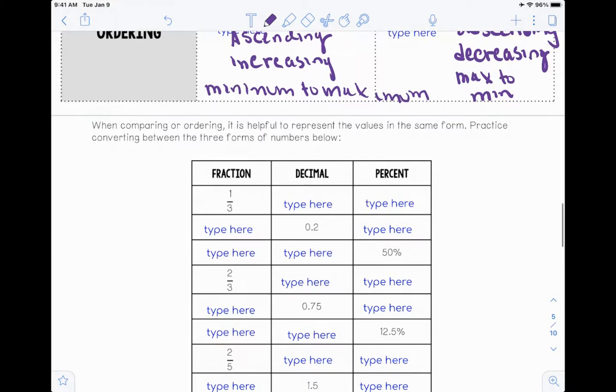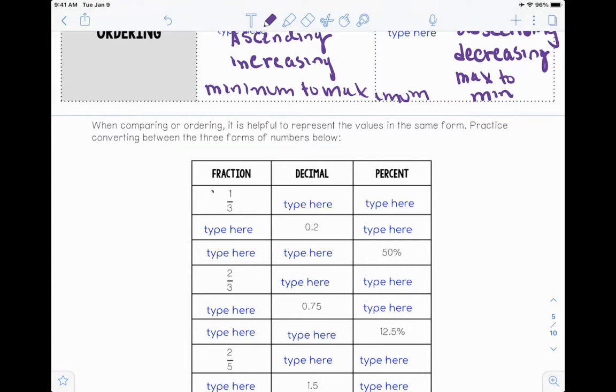So when comparing and ordering numbers, it's helpful to represent the values in the same form. So that can be either fractions, decimals, or percents. So would you please stop the video and try these? Before you do, I will do an example for a fraction.